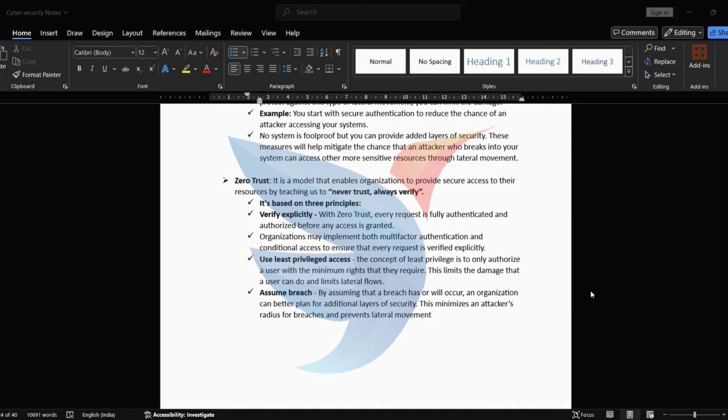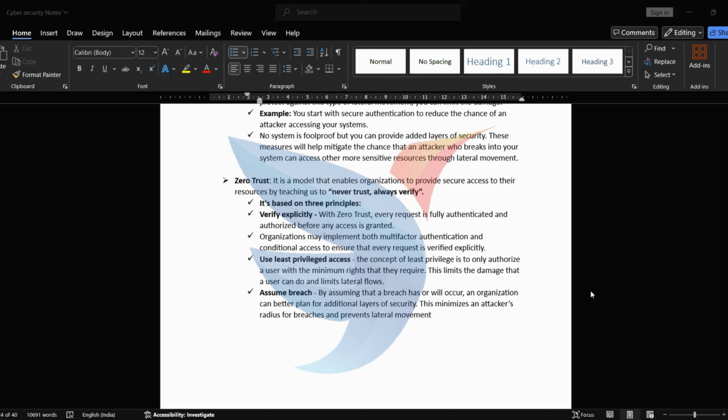What is verify explicitly? With zero trust, every request is fully authenticated and authorized before any access is granted. So an organization may implement both multi-factor authentication and conditional access to ensure that every request is verified explicitly.